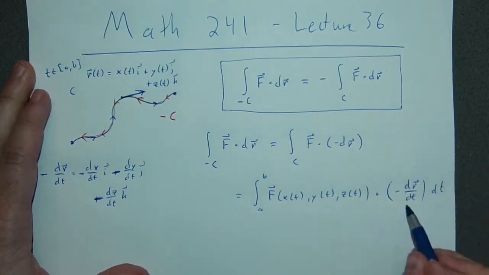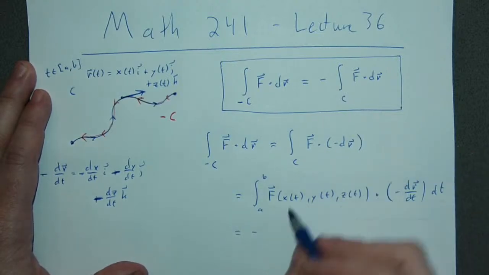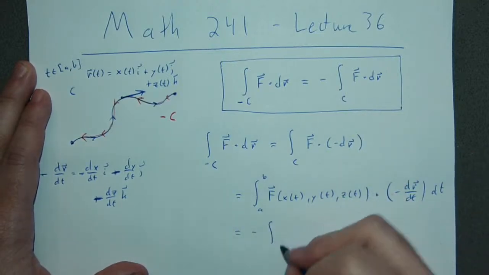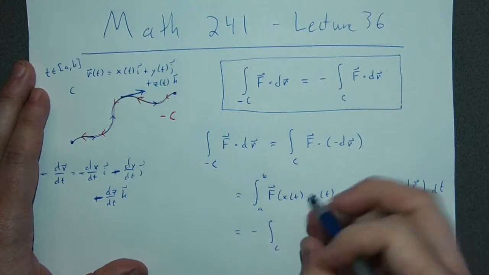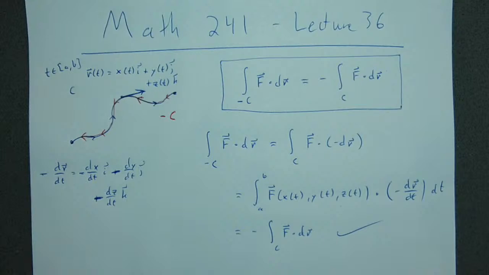I'm integrating that dt, and this minus sign pulls out. So this is minus that whole integral. I'm not going to rewrite it, but that integral is just literally the definition of the line integral, F dot dr. Okay, so that's why this is. Like I said, this isn't too deep or anything. This is just a pretty simple application of the definition of line integral and orientation on a curve. Okay. So that's one conceptual fact we have about this.